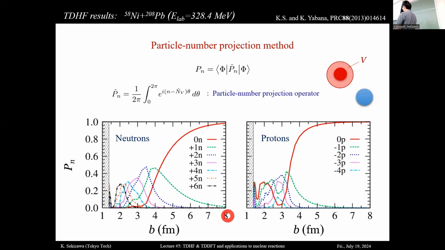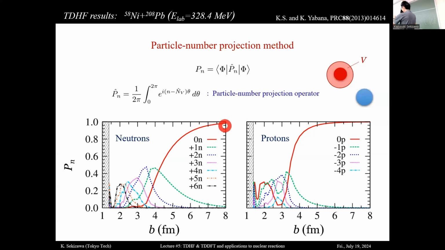So for instance, when the impact parameter is large, two nuclei do not collide. And in such a case, you see this red line becomes almost 1. So at large impact parameter, the transfer doesn't occur, so the probability of zero nucleon transfer becomes 1.